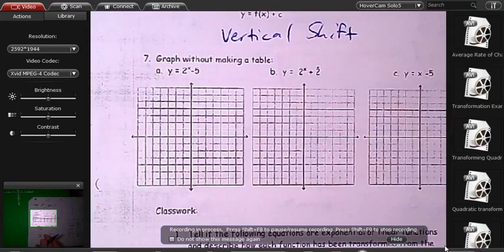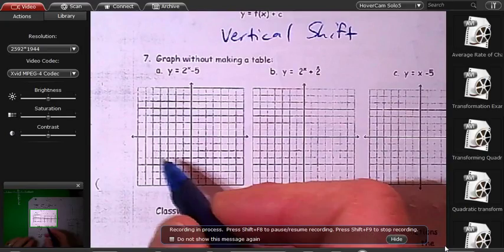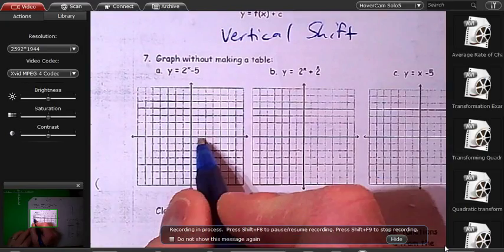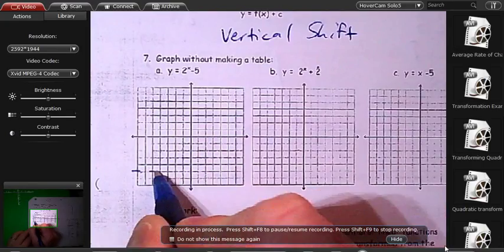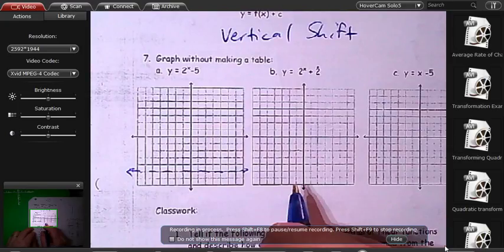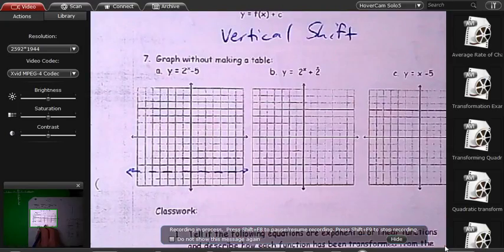So let's start with A. y equals 2 to the x minus 5. Okay, asymptote negative 5. Go ahead and do that. Down 5. 1, 2, 3, 4, 5. Draw your dotted line at negative 5. Now, if you refer back to the original function, where was the y-intercept for the parent function?